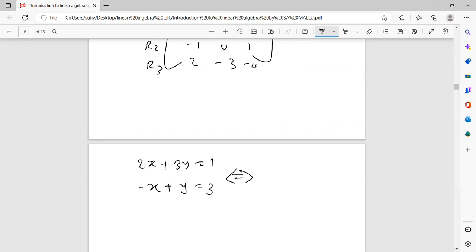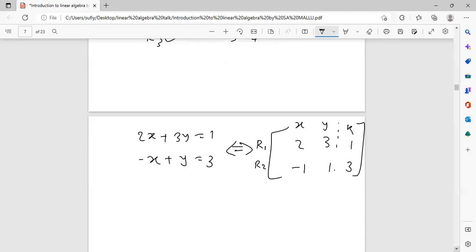Let's write an augmented matrix for this, right? An augmented matrix would be row 1 for equation number 1, row 2 for equation number 2, columns x, y, and our constants k. So it will be 2, 3, 1, -1, 1, and 3. I'm sure that you guys all agree with that. Just have a look and then see.